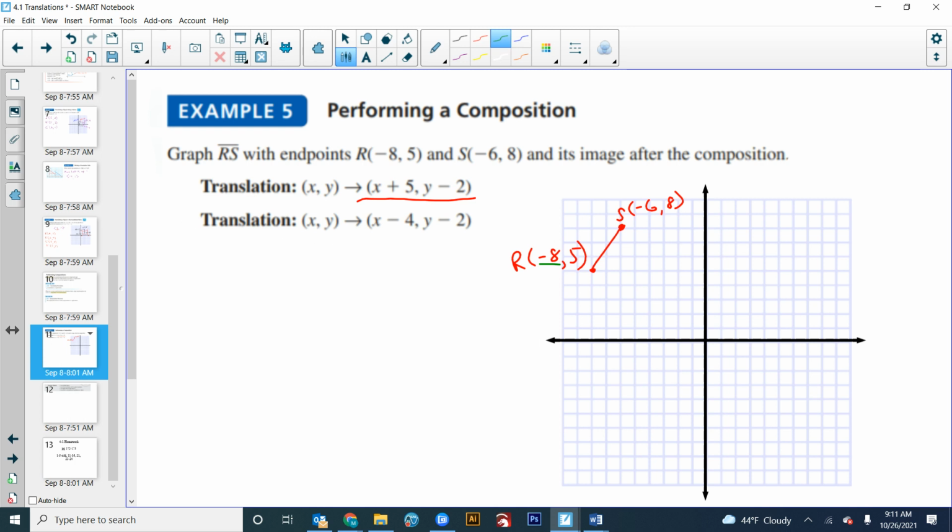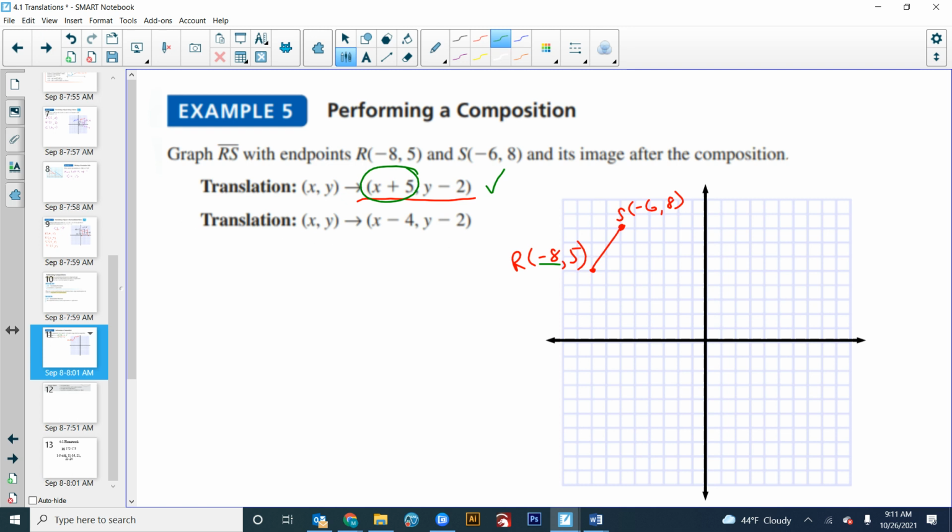So watch what we're doing. Ready? This first rigid motion tells us to move right 5. Then the second one tells us to move left 4. These are two transformations. These are two translations. So where do we end up?